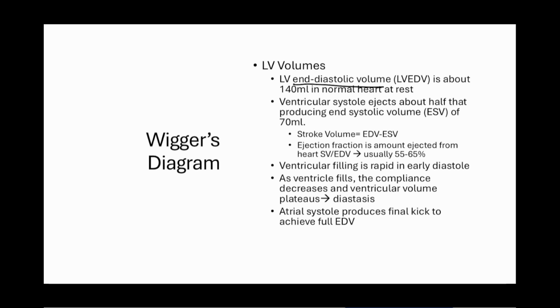We're at the end diastolic volume. There's nothing else coming in. This is what you are going to be left with. This is the amount of blood in the heart. Normally, it's about 140 mLs in a normal heart at rest. So normally the heart's going to fill with 140 mLs during each ventricular diastole. 140 mLs.